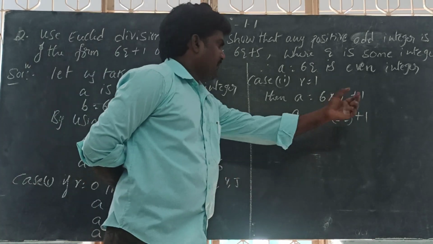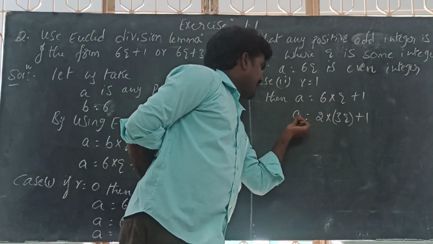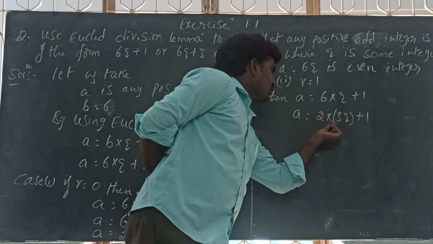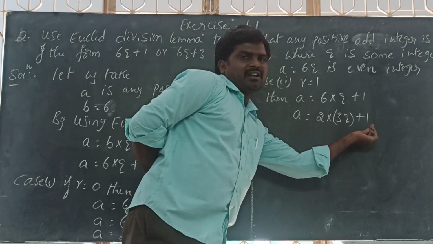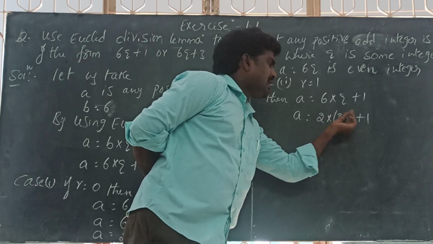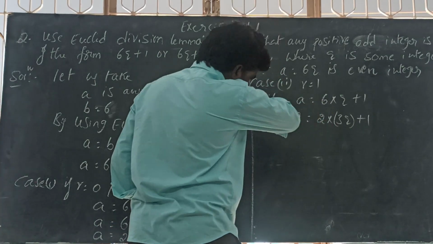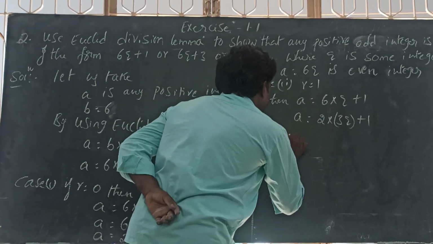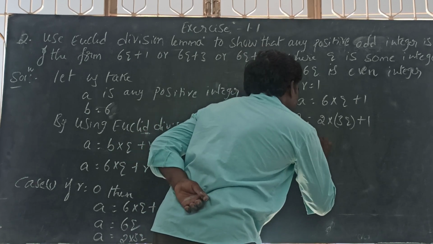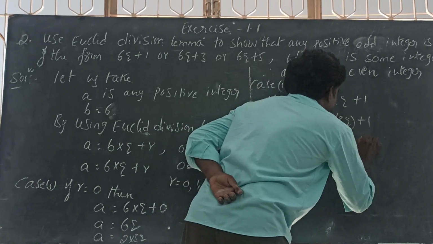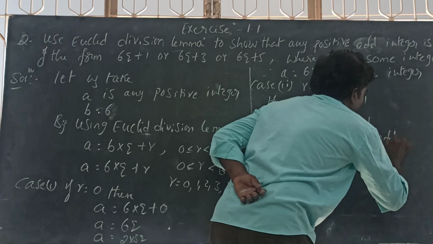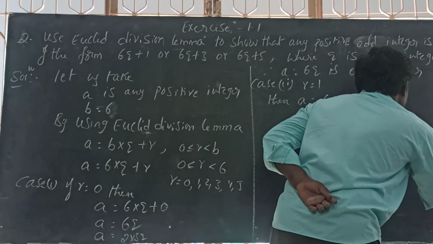What is called an odd number? A number which, when divided by 2, leaves remainder 1. Therefore a is equal to 6q plus 1 is an odd integer.